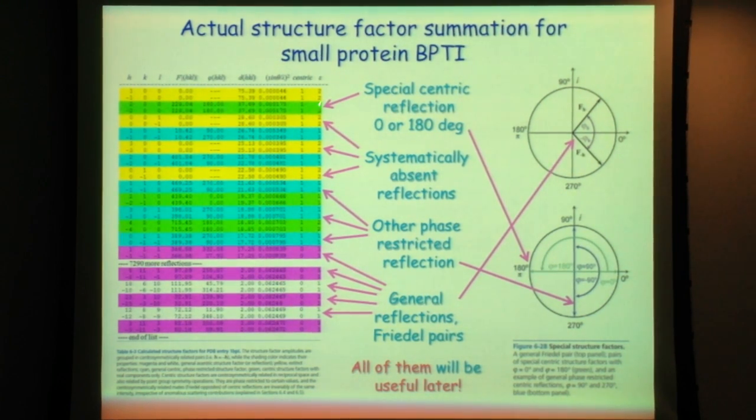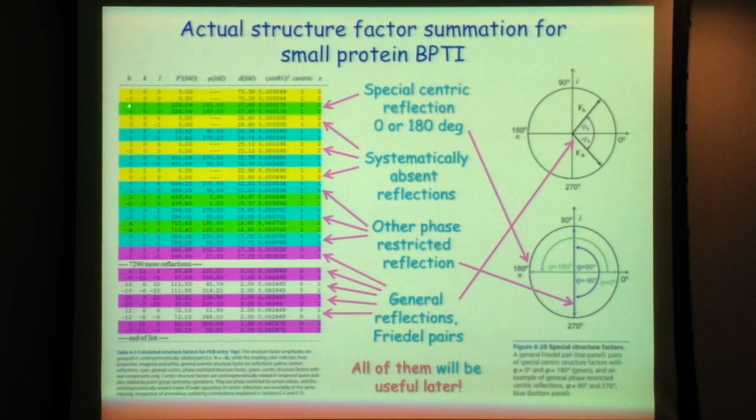That means special reflections, like the axial ones, this 200 reflection, or the zonal ones, like of the type 101, 201, everything with the K index of 0, for example, these have the loop highlighted in green. They have either 0 or pi phase.